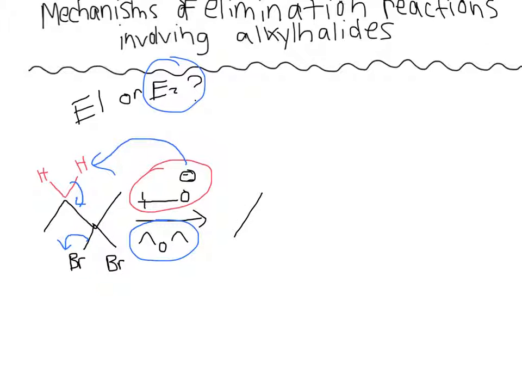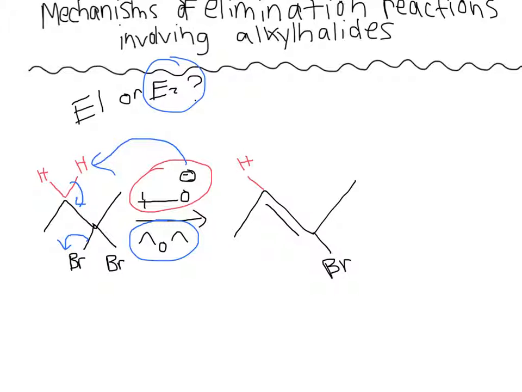And that will leave you with this molecule. Now when writing the molecule, you won't actually write out the hydrogens that are on here, but I'm doing that just for reference purposes.